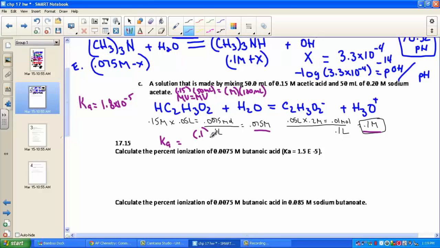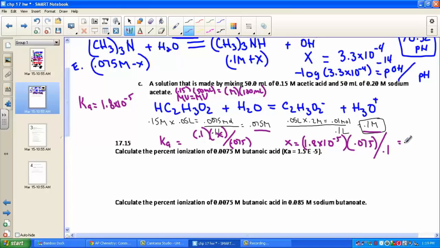Technically it's 0.1 plus X, but we'll toss that out, times X, set over the new concentration here, 0.075. So to pull out X, we take that Ka value, 1.8 times 10 to the negative fifth, times 0.075, divided by that 0.1.